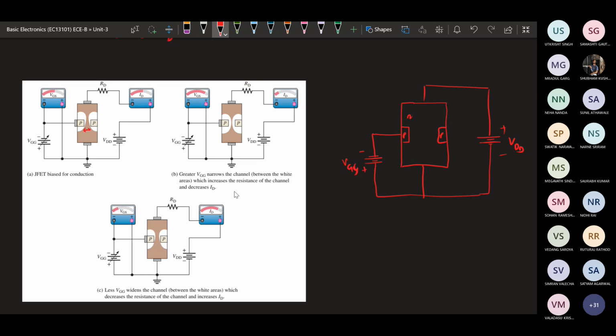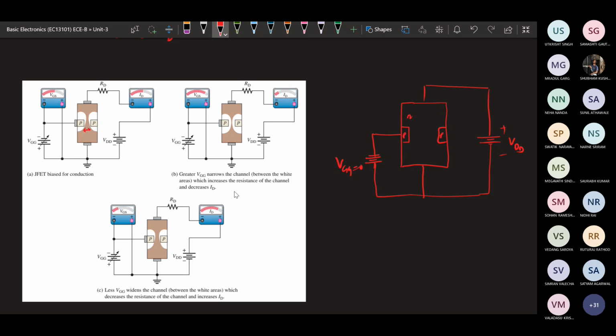Once we apply VGG, that is negative, if we apply it a zero value, suppose VGG is 0, that means the VGS is 0.